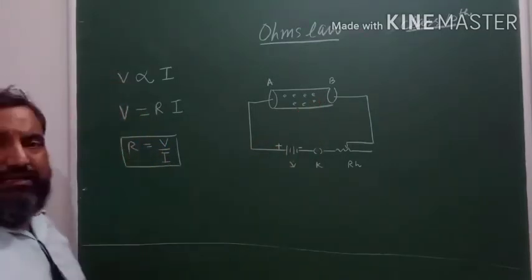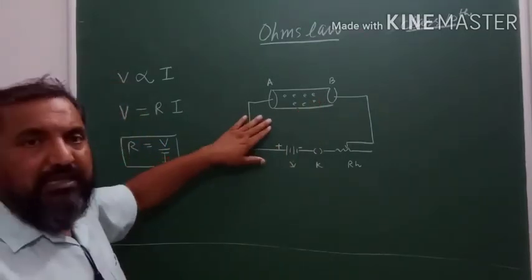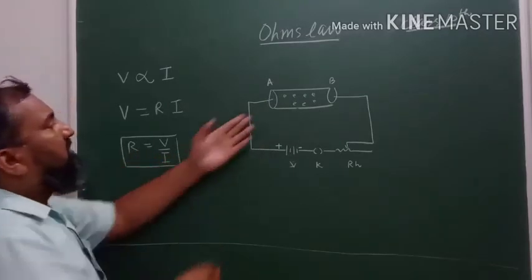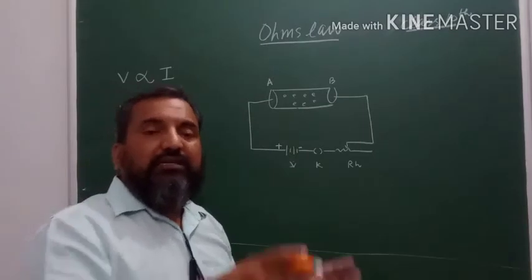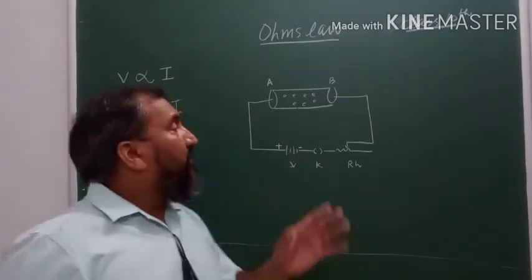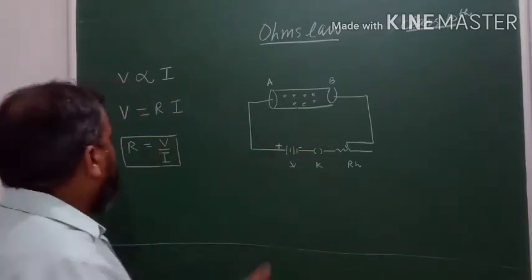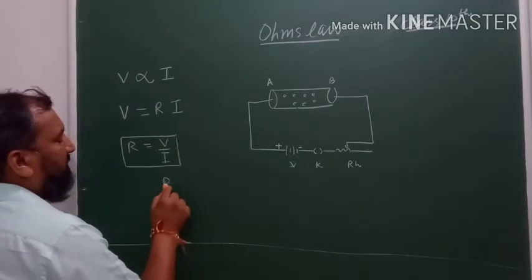In the circuit this resistance can be increased or decreased, and the device by which we can do that is called a rheostat.